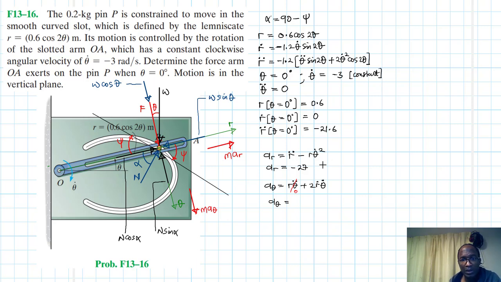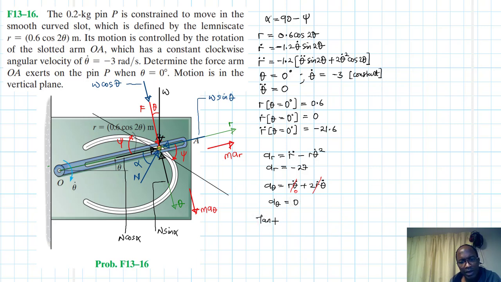Also this part is 0, right? This part also, r dot, is 0, because r dot is 0 and theta dot is 0. So this is 0. This makes the problem much simpler.